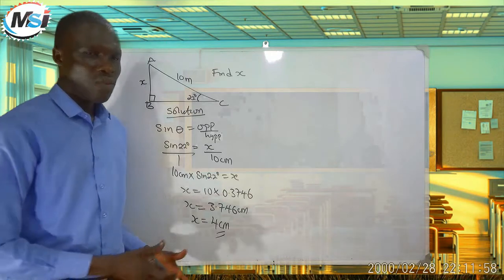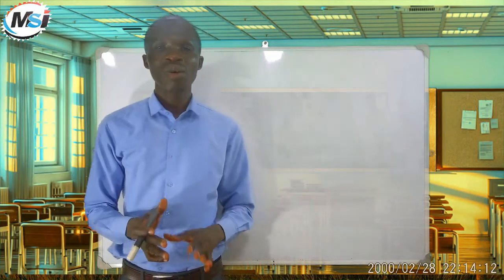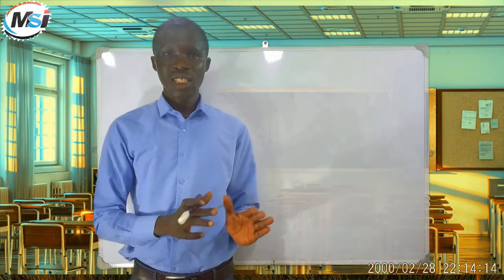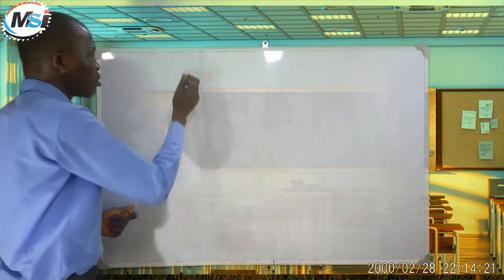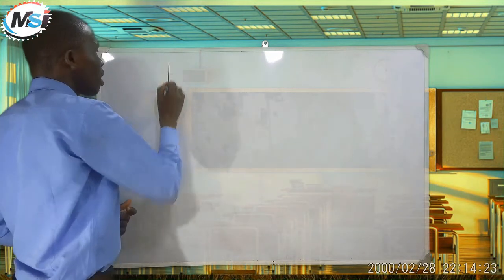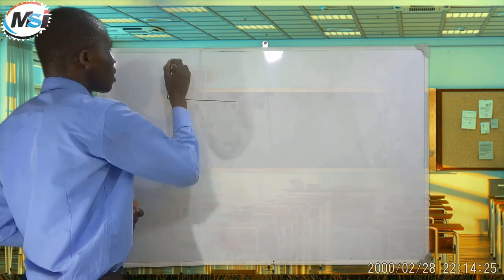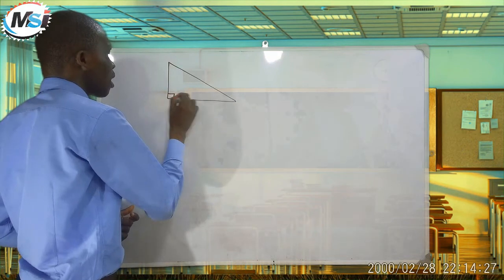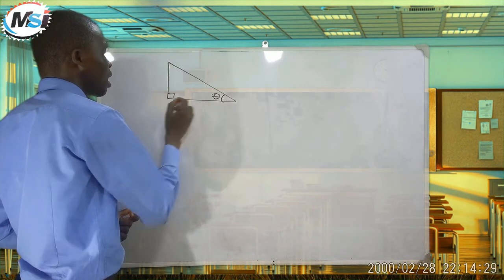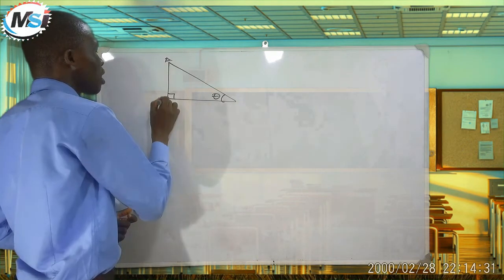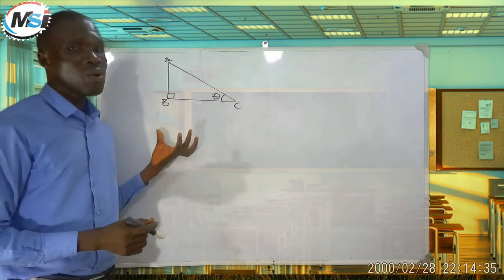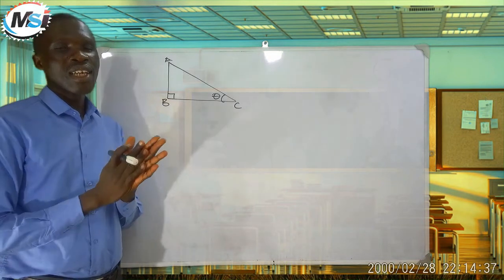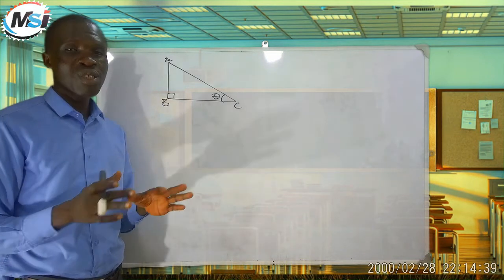So that is for that. Okay, class, now this is cosine. Cosine is a little bit different from sine. Now let's remember what we use for a right angle triangle. If you have something like this, a right angle triangle, this is angle theta, call this A, call this B, and call this C. Here we are not going to use sine theta equals opposite over hypotenuse.